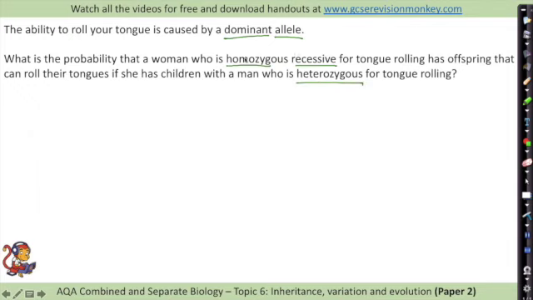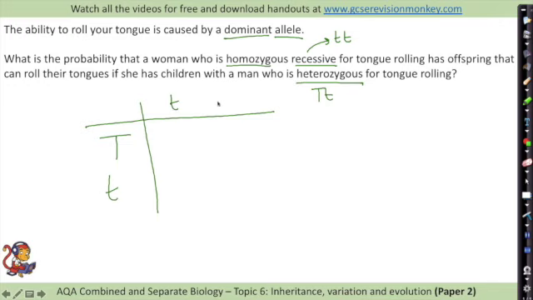So let's use the letter T again. We said recessive would be lowercase t, because homozygous recessive. Heterozygous would be capital T, lowercase t. So we'd cross those in a genetic cross. Capital T, lowercase t, crossed with lowercase t, lowercase t. You'd have to do that from scratch if you're doing higher tier. Foundation, you would have to complete this cross here. So all you do is match up the letters.